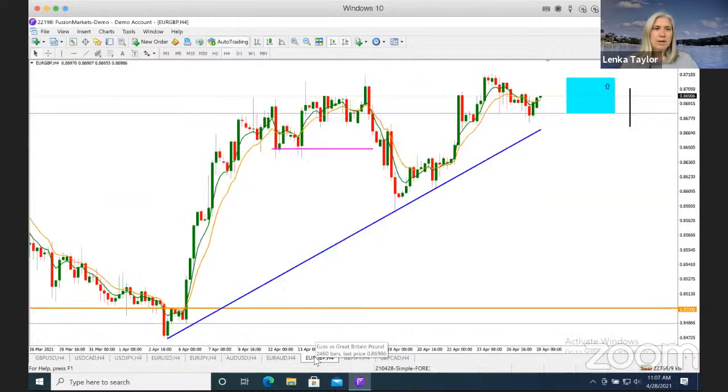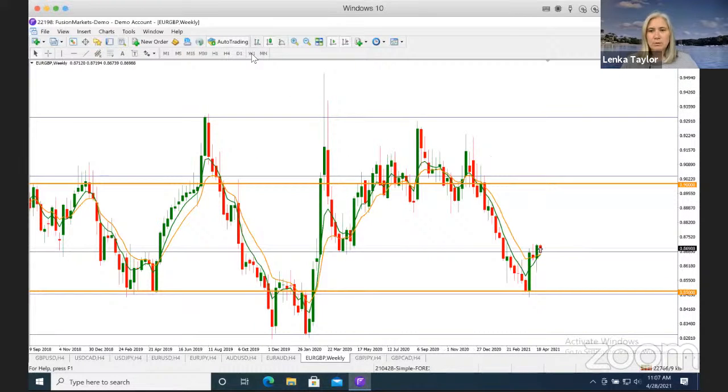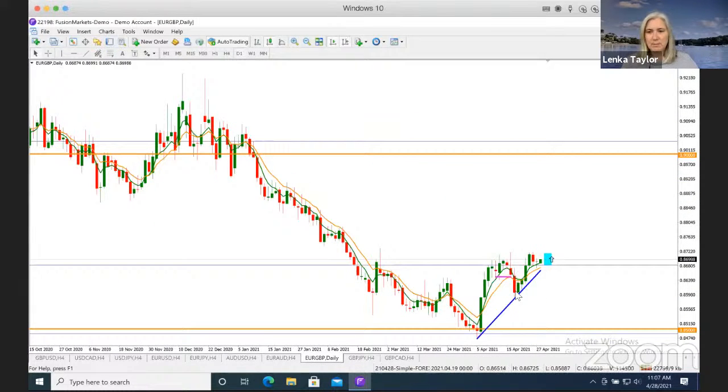Next currency pair is Euro GBP. So Euro GBP, I'm looking for a long. On the weekly, it's basically a ranging market between those two horizontal levels. So in terms of the daily setup, we had some closes above that horizontal line.